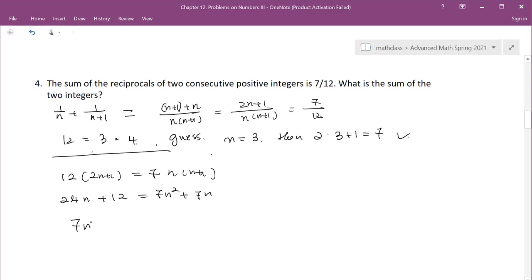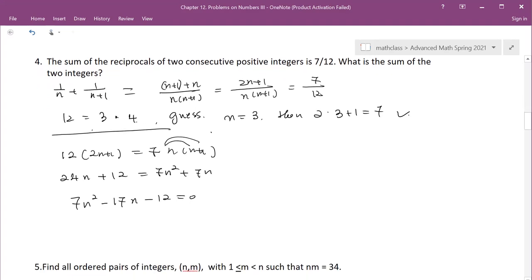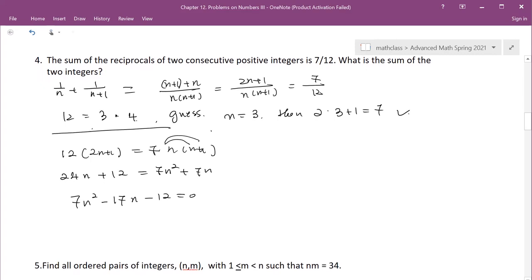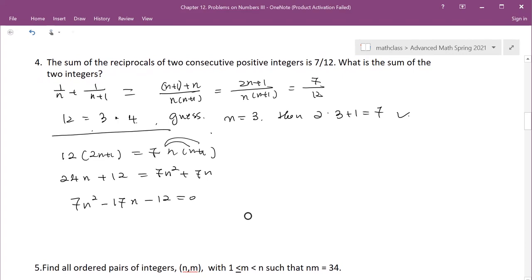Then 7 minus 24 will be negative 17, and you get a quadratic equation. Are you able to solve it? Yes, use the quadratic formula. You still can find it.